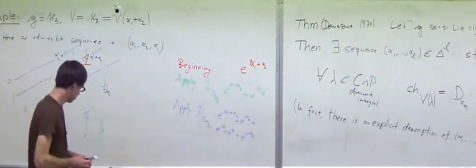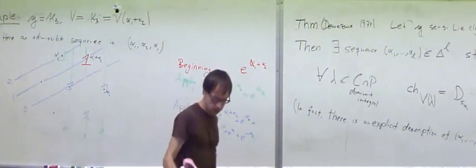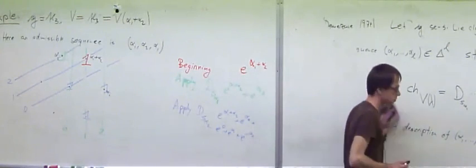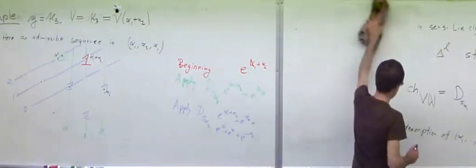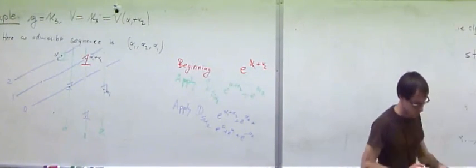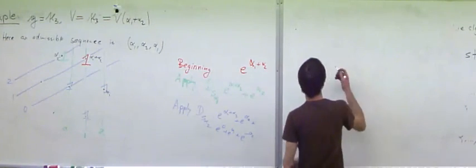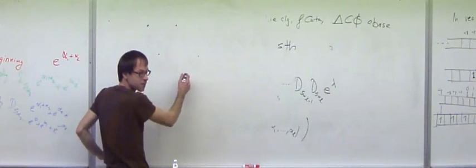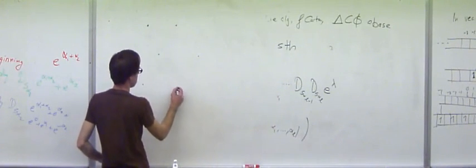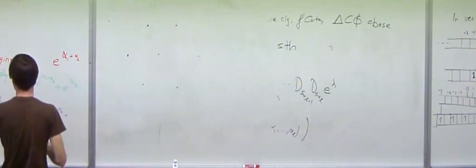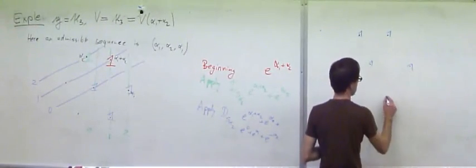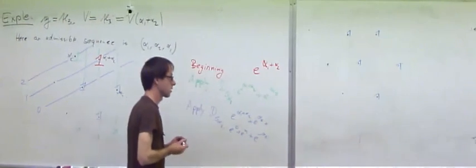Maybe I continue the drawing with a new one. Right, now I have to apply D sub alpha 1 again. So this was the current character I was working with.